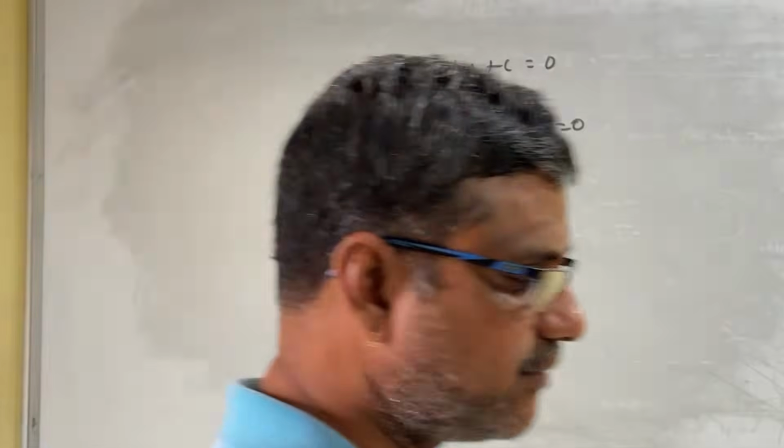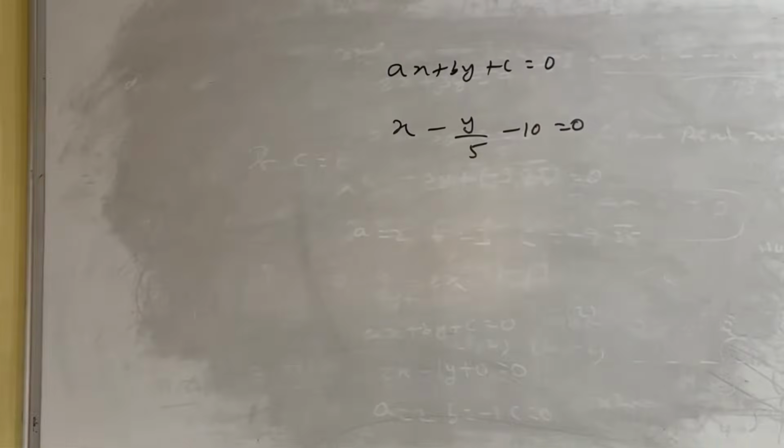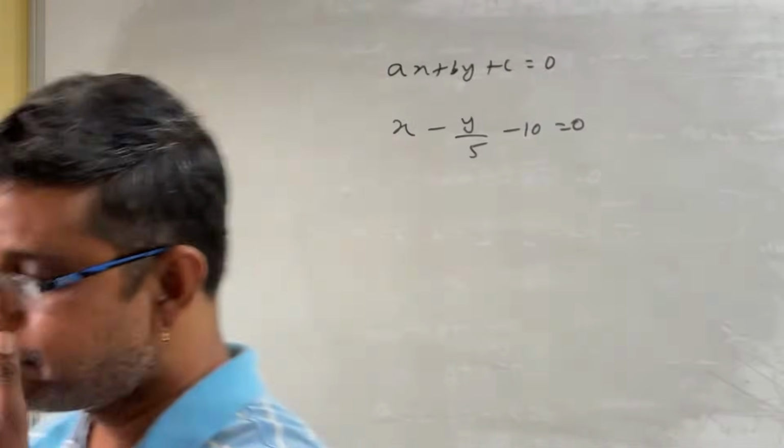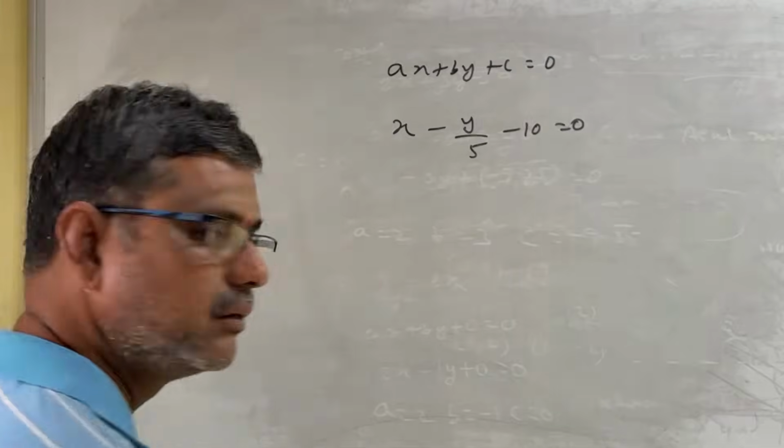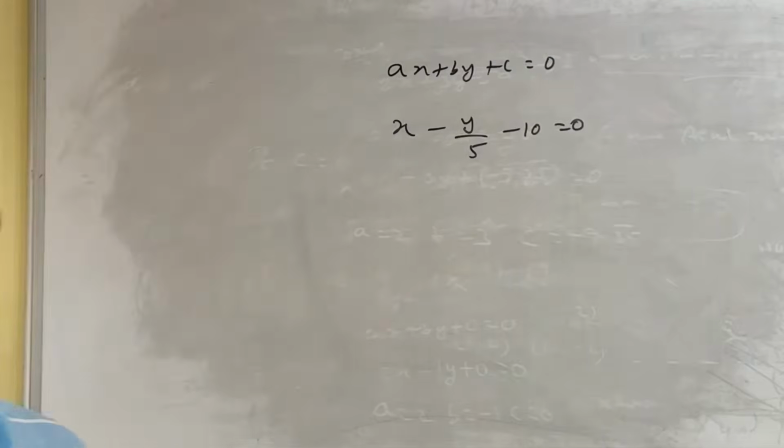First express in the general form, then write ABC. How to do this?